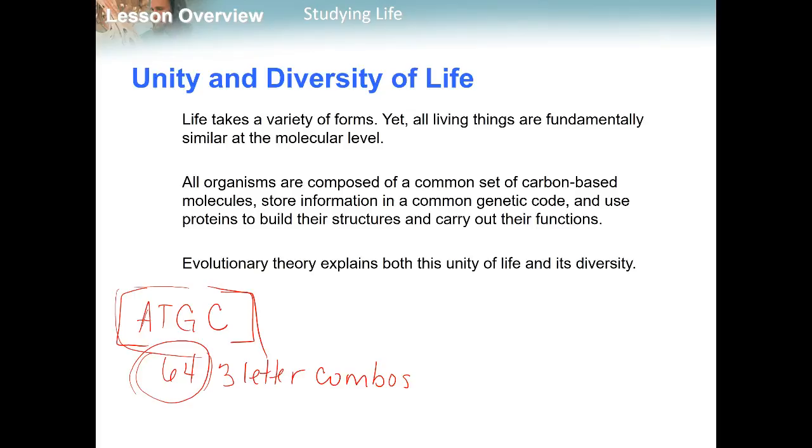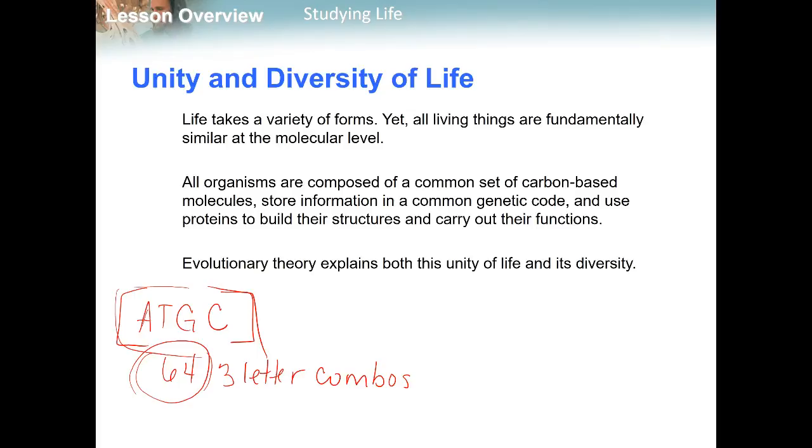For girls, since we're all females, we've got a basic ATCG pattern, and then the difference is how tall we're going to be, our eye color, where our freckles are placed. So that's the diversity that we have. Evolutionary theory explains both this unity and the diversity of life when we look at how organisms can evolve and change.